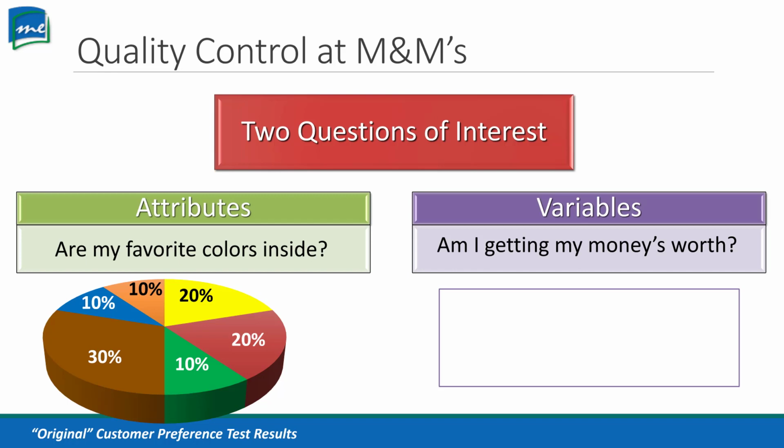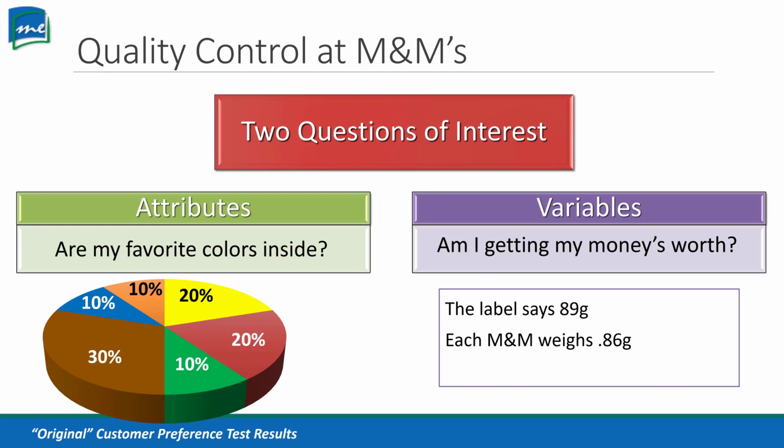Well, next we need to figure out, because an attribute is the color here, but am I getting my money's worth? So we can say that a bag of M&Ms weighs 89 grams, and that each M&M weighs 0.86 grams.